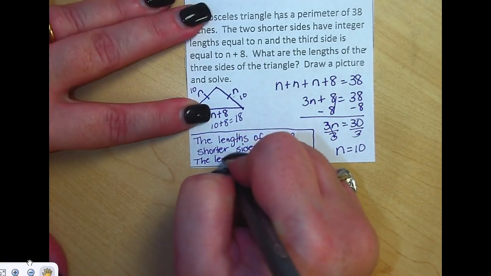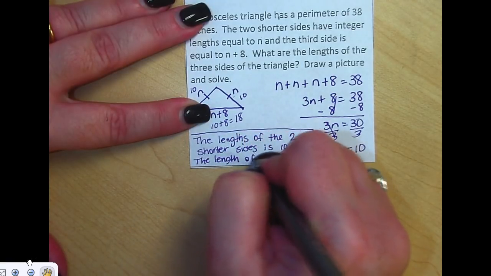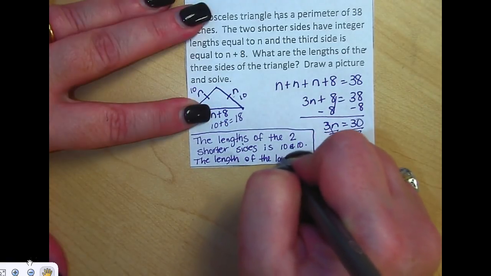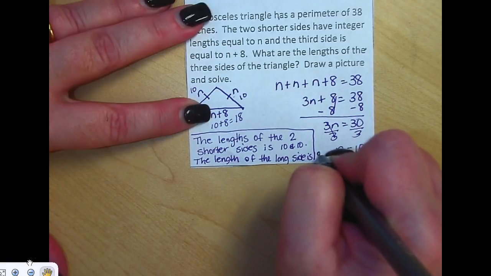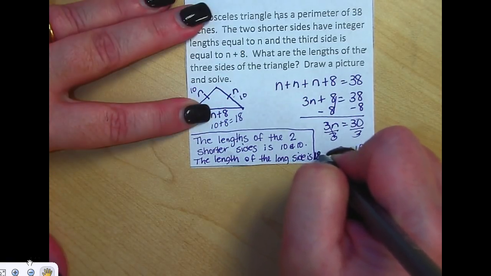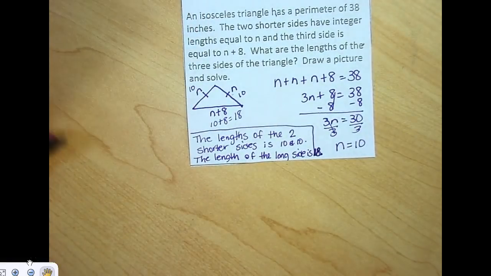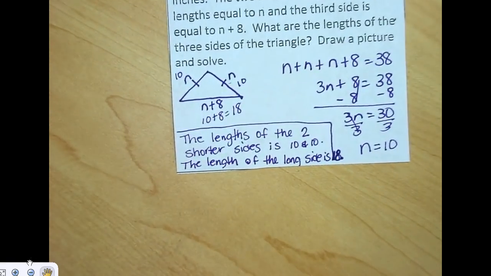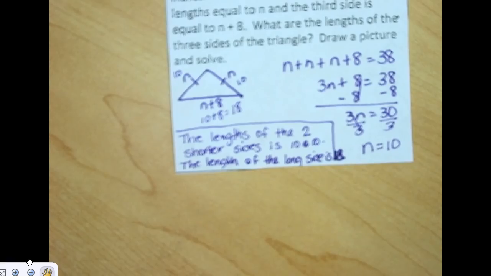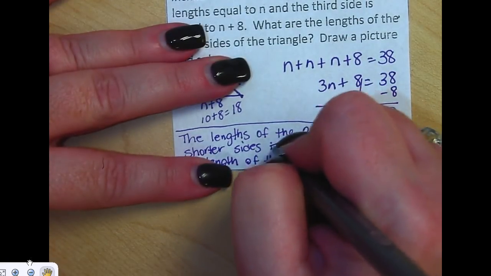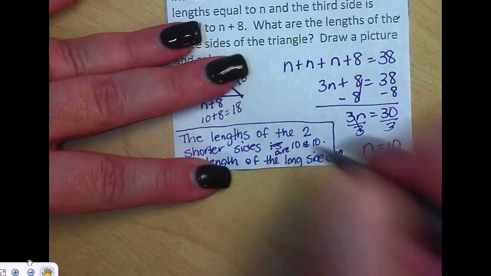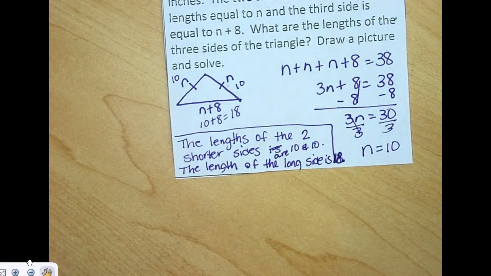The length of the long side is, I ran out of room, 18. The lengths of the two shorter sides is 10 and 10, or the lengths are, I have bad grammar, the lengths are 10 and 10. The length of the long side is 18.